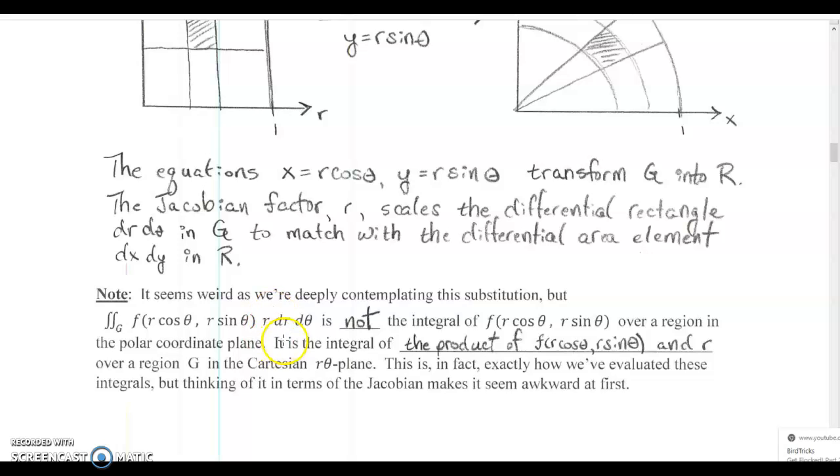It is actually the integral of the product of f of r cosine theta, r sine theta and the Jacobian r over this rectangular region G in the Cartesian r theta plane.